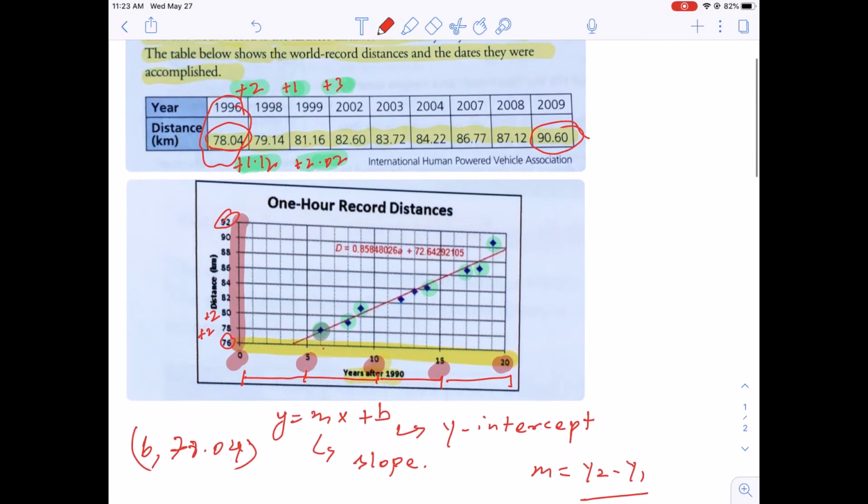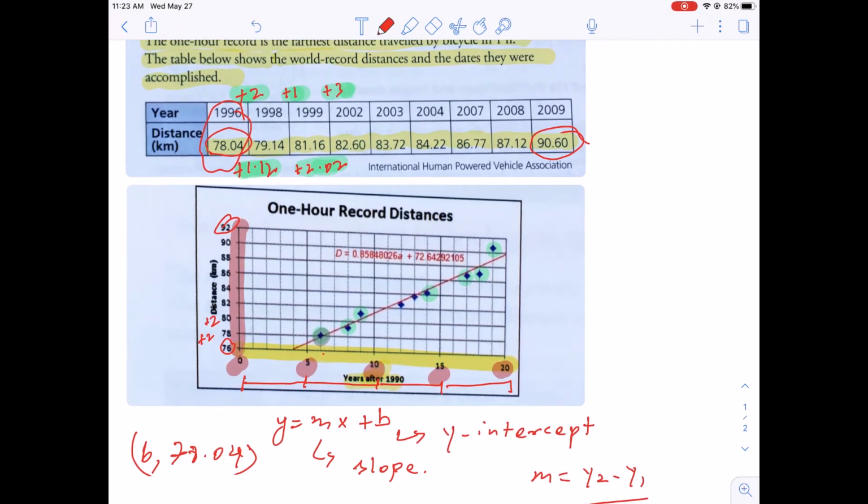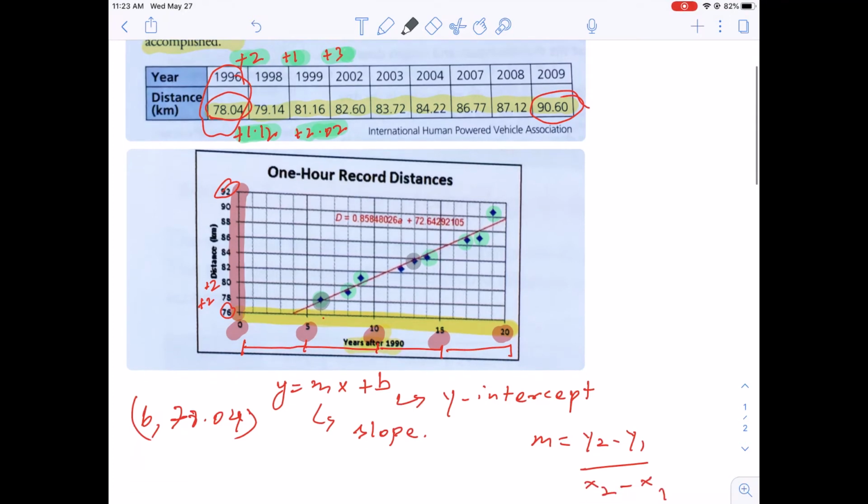Okay, I'm going to choose another point. This looks like another point that touches the line, and that will be 2003. Okay, so this is 95. Yeah, that's 2003.